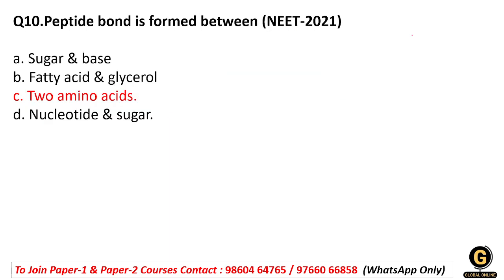Next, peptide bond is formed between dash. The options are sugar and base, fatty acid and glycerol, 2 amino acids, and nucleotide and sugar. So we already saw this in the monomer question. The peptide bonds are formed between the 2 amino acids, right? This is the peptide bond.